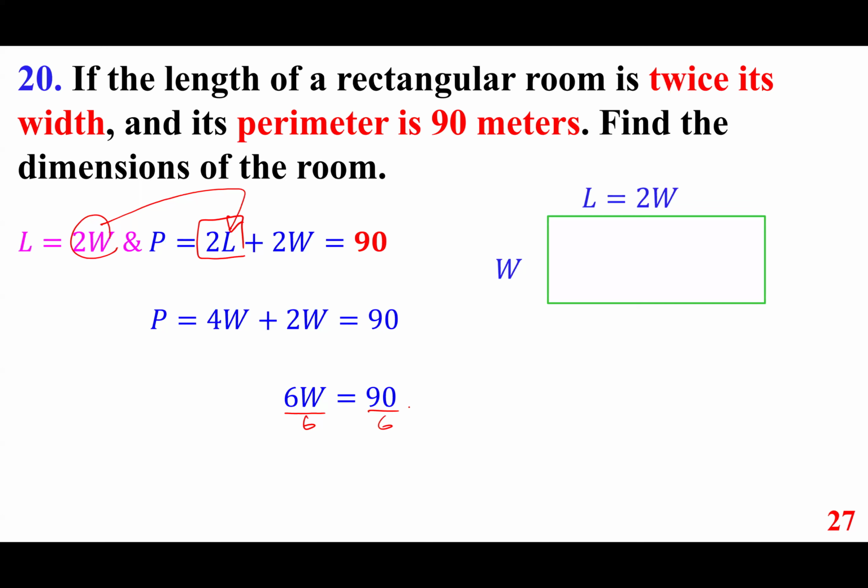And the width becomes 15. The length is twice that, 30 meters. And you check. If you add them up, you get 45 times 2 is 90, so you can check easily.